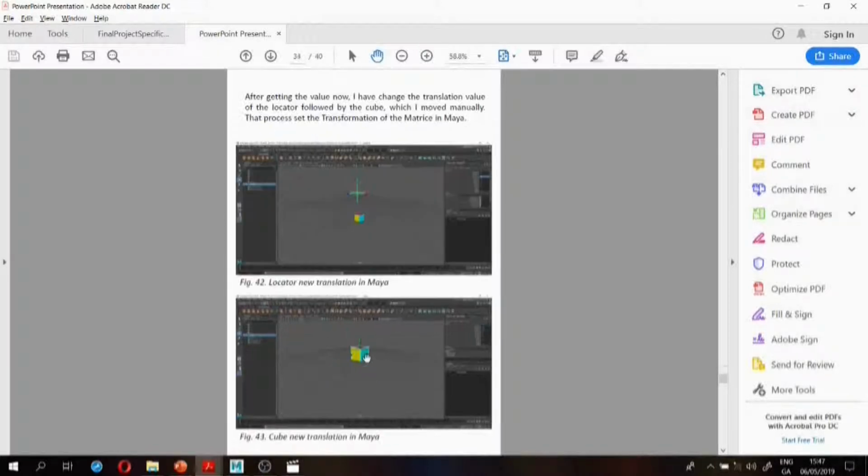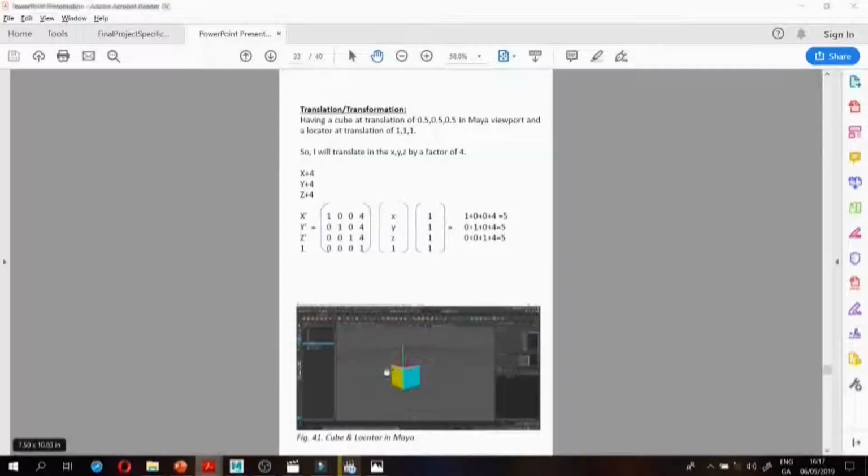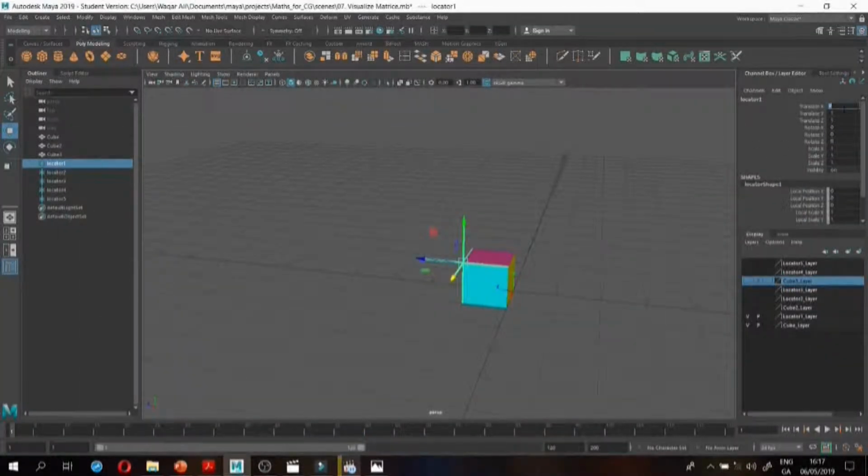Now we'll move after getting the value. I have changed the translation value of the locator, followed by the cube, which I moved manually. That process sets the transformation for the matrix in Maya. Back to our Maya viewport, we have the locator and the cube. We'll locate this locator first at the value of 5, 5, 5.